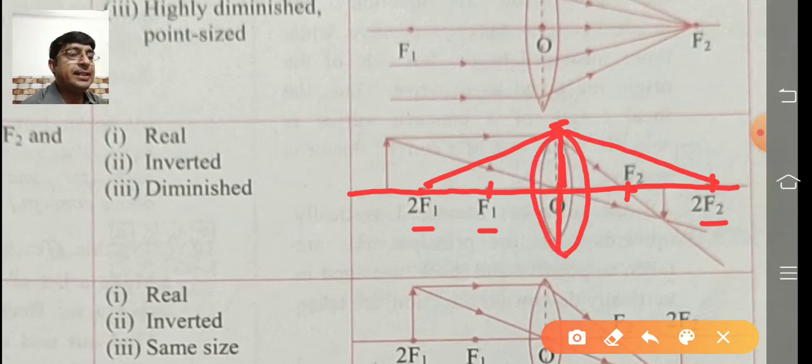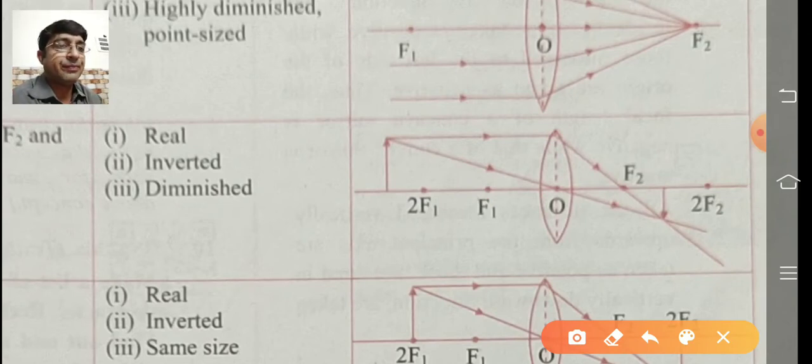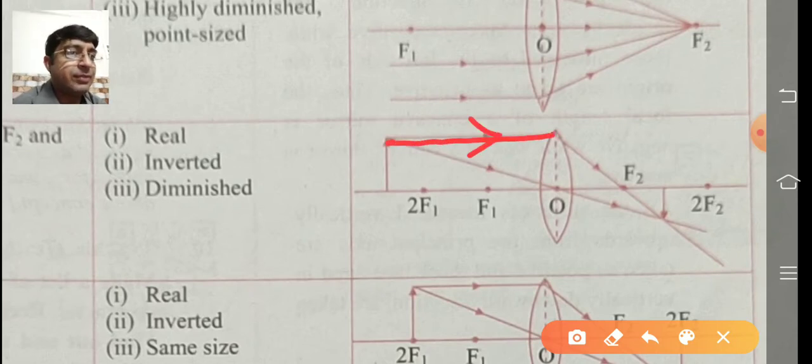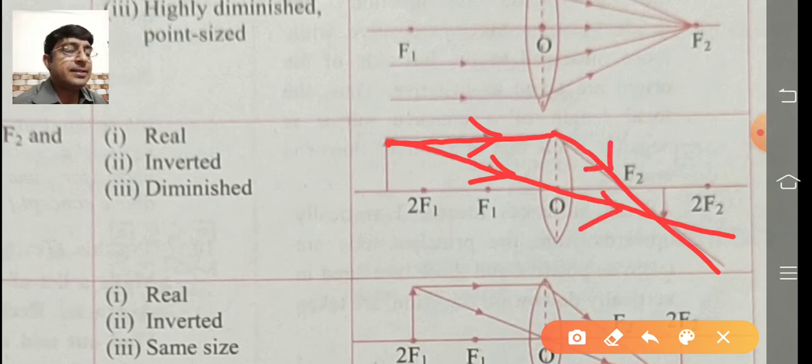Your lens is ready. Afterward, by using the rules, start to draw the diagram. First, the incident ray is parallel to the principal axis. After refraction, it always passes through the focus. Second, the ray directly passing through the optical center has no deviation. Very easy. Always show the arrows on these light rays, otherwise you lose your half mark.